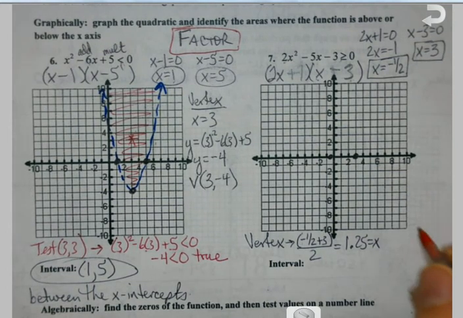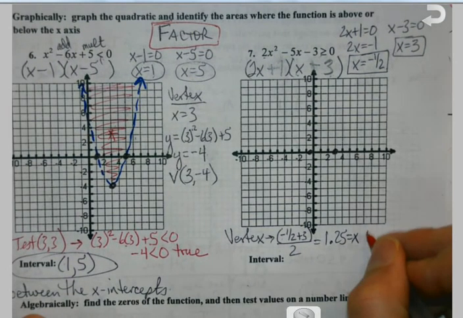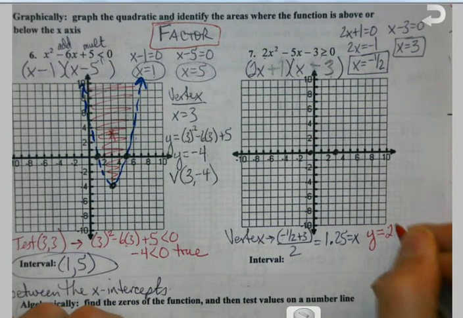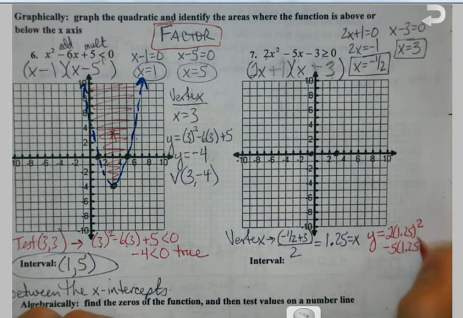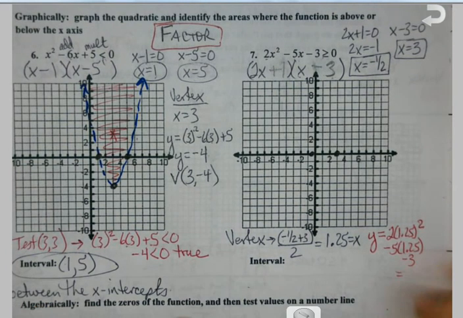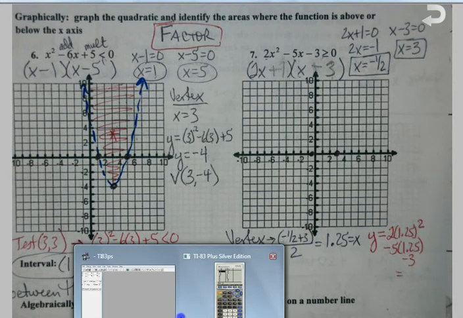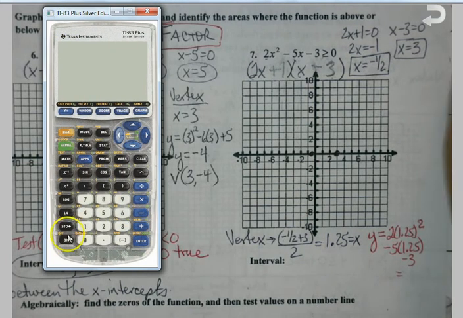Stick it in there. And this is why we like the calculator. Y is going to be 2 times 1.25 squared minus 5 times 1.25 minus 3. Okay, I'm going to the calculator on this one myself. Make sure I type this in carefully. Squared minus 5.